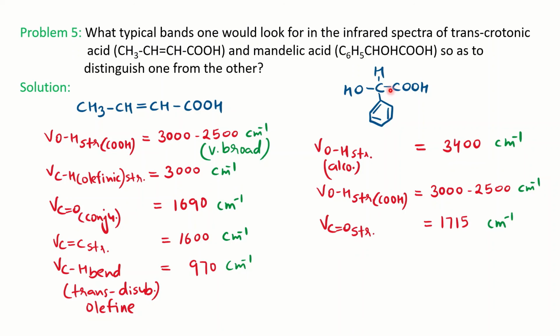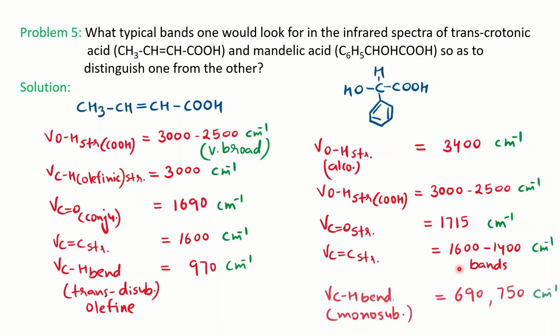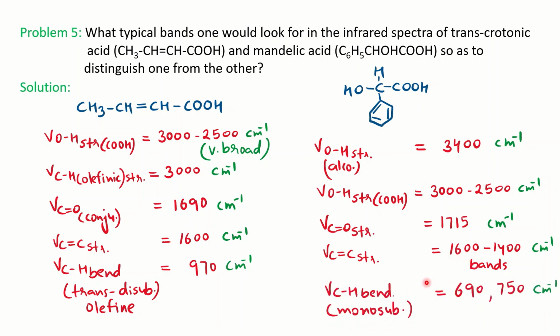And moreover, you will have a carbonyl peak which is not conjugated with the aromatic ring. So you will have a normal standard carbonyl frequency, which is 1715 per centimeter. Along with that, you will have the aromatic C double bond C stretching band in the range of 1600 to 1400 per centimeter. Moreover, this is a monosubstituted aromatic ring.